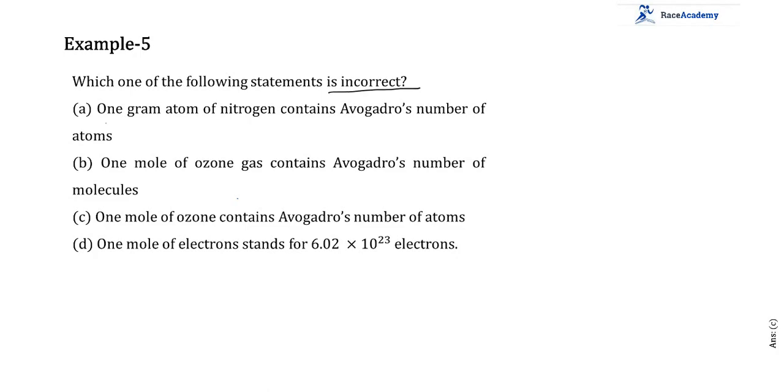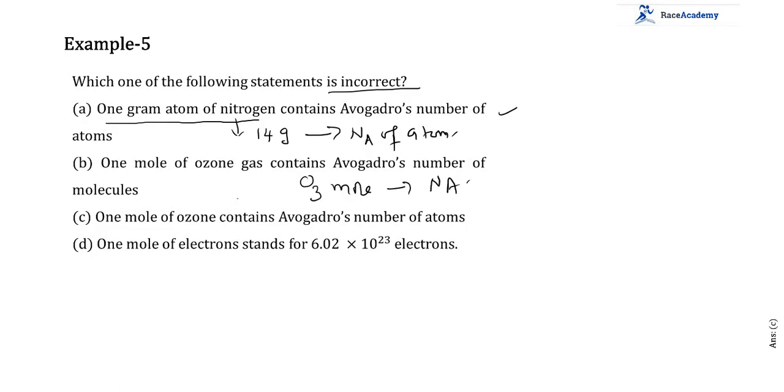Incorrect, we have to see carefully. 1 gram atom of nitrogen is actually 14 grams, that contains Avogadro number of atoms. 100% correct, so the given statement is correct only. 1 mole of ozone contains Avogadro number of molecules. So any 1 mole of a molecular gas contains Avogadro number of molecules.